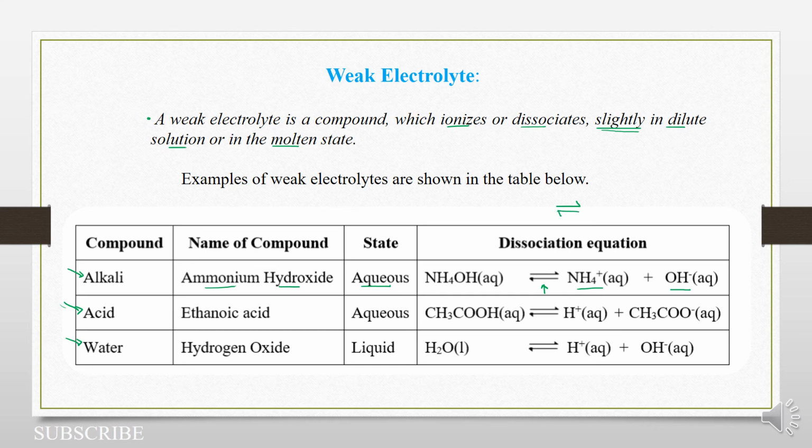So some of the ammonium hydroxide turns into ammonium ions and hydroxide ions, but in the process some is turning back. So not all the ammonium hydroxide is split into the corresponding ions, the ammonium ion and the hydroxide ion, but some of it. So some will remain in aqueous form. That's what we mean by slightly dissociates.